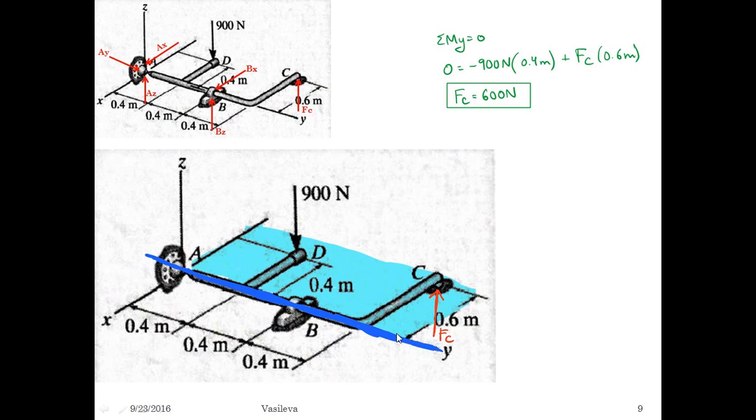The only forces that will cause a moment on this plane about the axis are the perpendicular forces, the 900 and the FC. If we're hinged at the y-axis and we push downward on the door, it will start rotating.